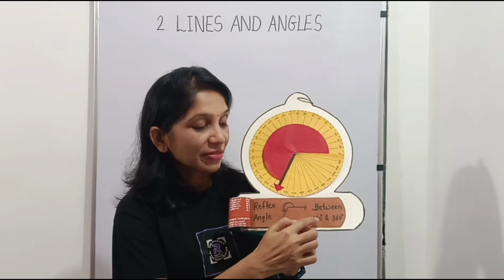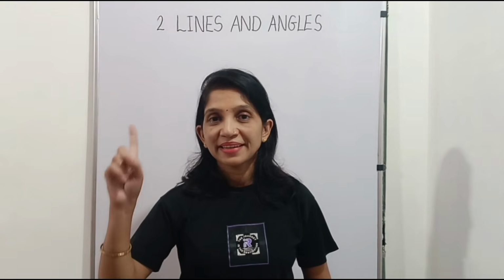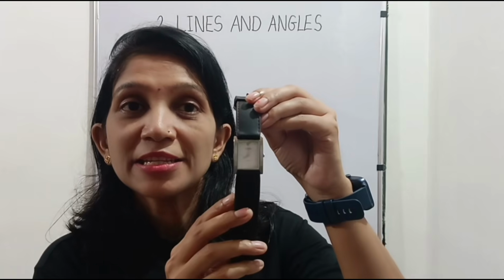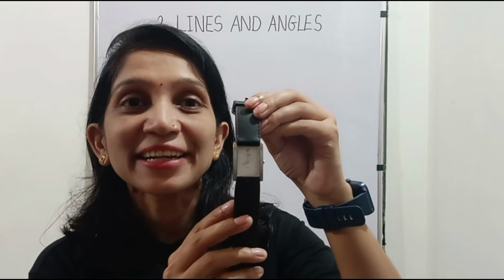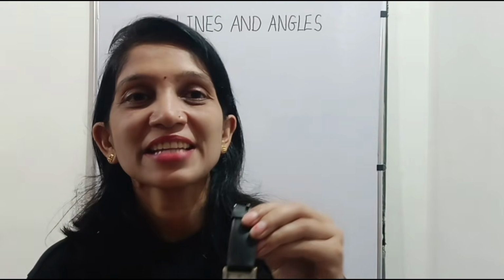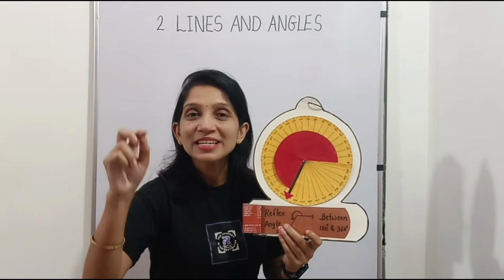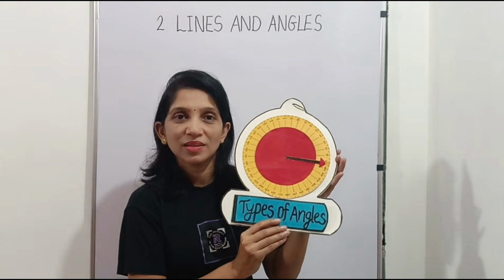Rule: between 180 and 360. Example, see my watch at 8 o'clock. Both arms are making a big turn. That is a reflex angle. Big turn, reflex is under arrest.